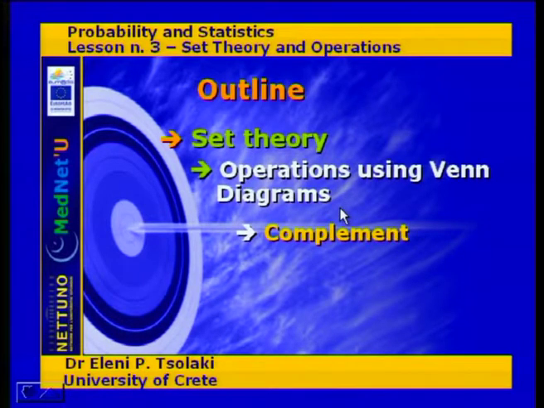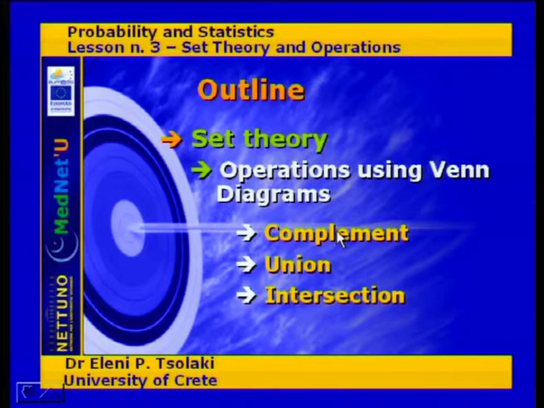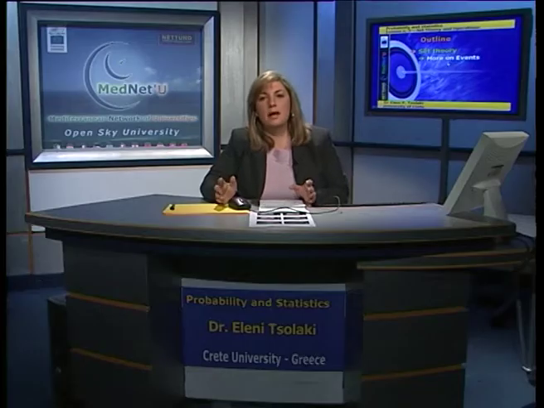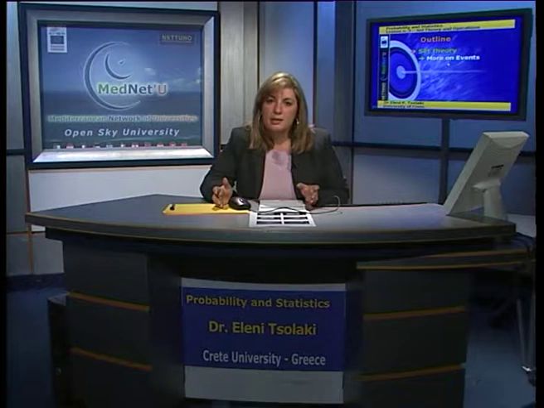And in particular, we are going to see what the complement of a set is, union, intersection, difference. Also, we are going to work more with events. Last time we saw what an event is.